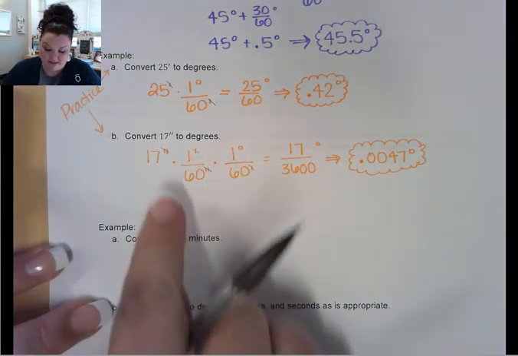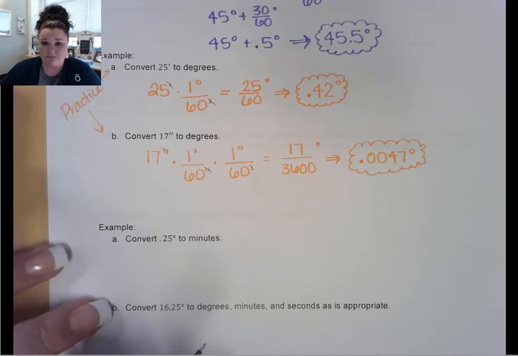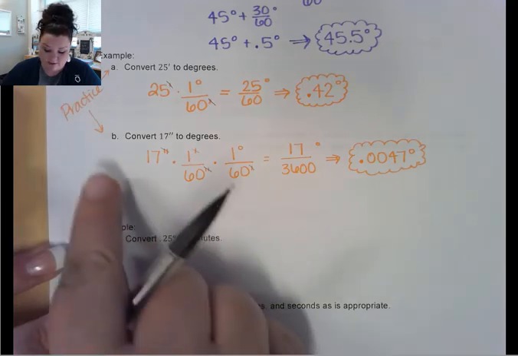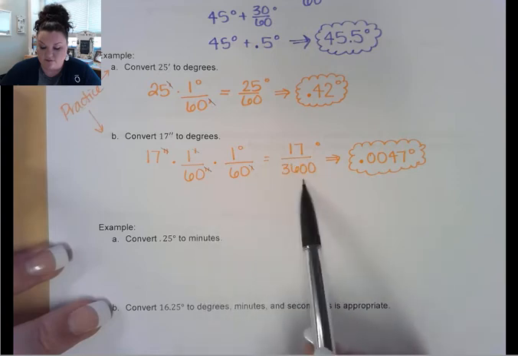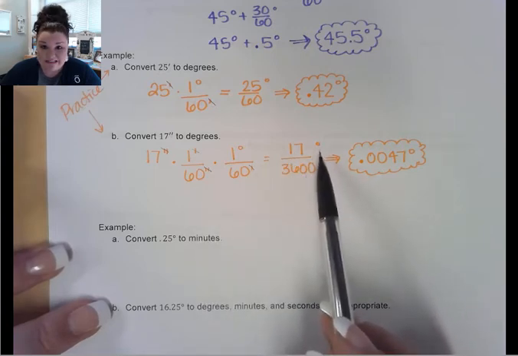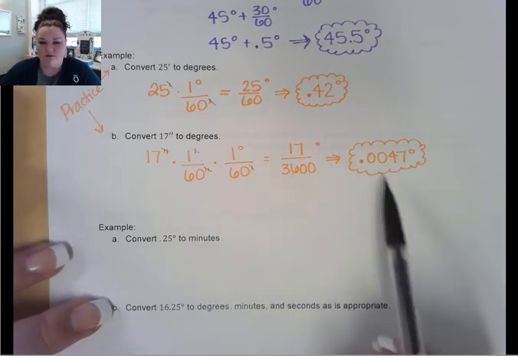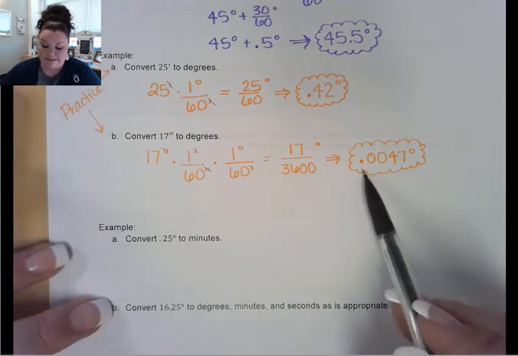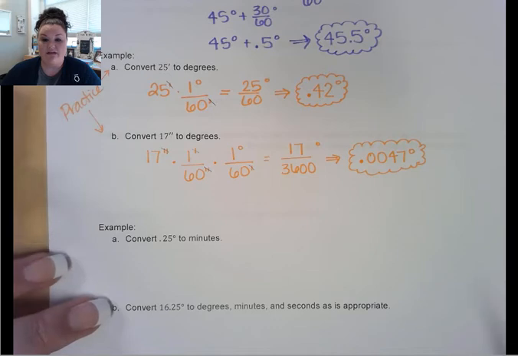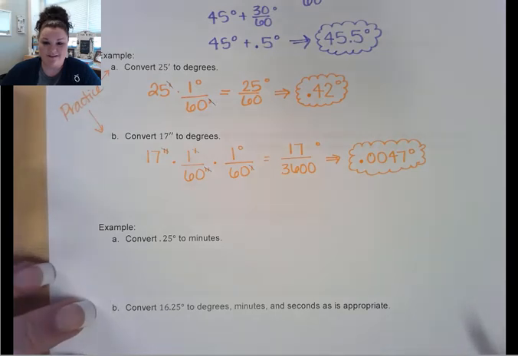Okay, so once I've canceled my units out, then I can go ahead and multiply straight across. So I end up with 17 over 3600 degrees. And then I'm going to go ahead and convert that into decimal form, which gives me 0.0047 degrees. Okay.